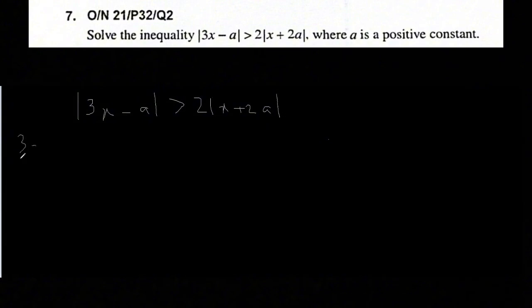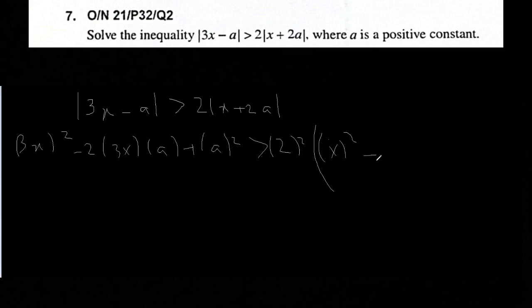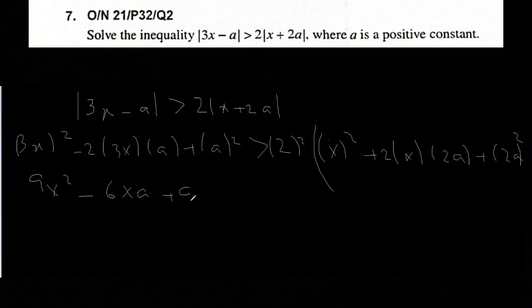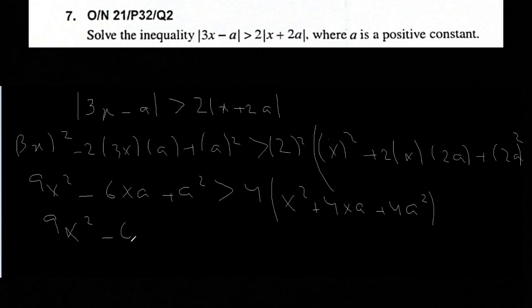So we have to square both sides. (3x)² − 2 × 3x × a + a² is greater than 2 squared bracket x² + 2 × x × 2a + (2a)² bracket. 9x² − 6xa + a² is greater than 4 bracket x² + 4xa + 4a² bracket. 9x² − 6xa + a² is greater than 4x² + 16xa + 16a². Sorry, it's 16a².